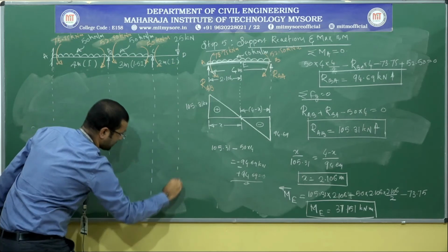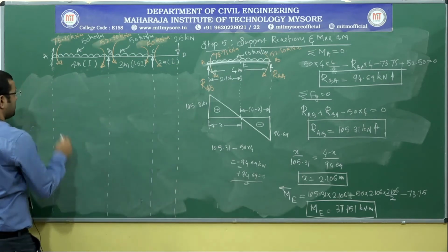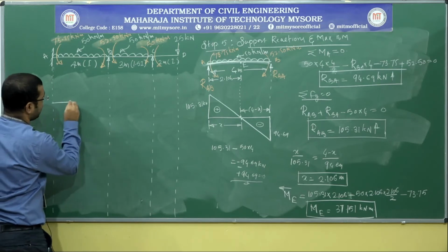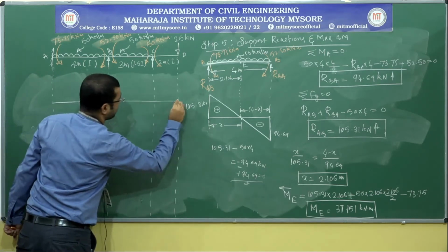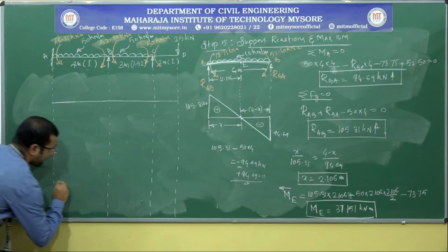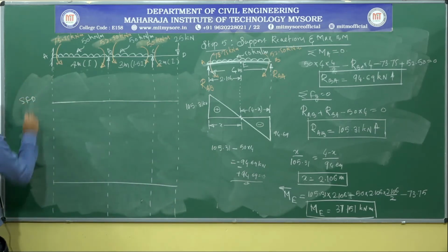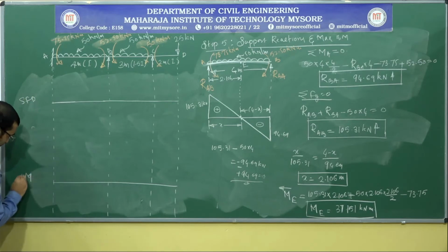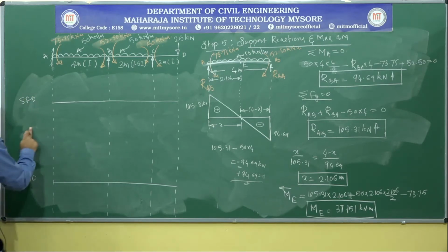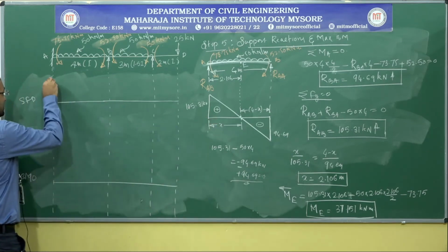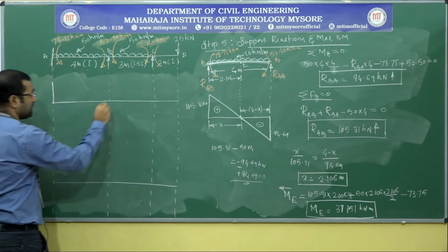So these are the projection lines which help us to draw the shear force and bending moment diagram. So let me say this is a shear force diagram and this is bending moment diagram. The shear force diagram is exactly the same thing as we have drawn.